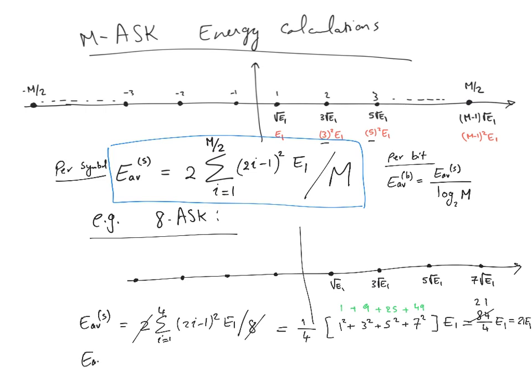So E average per bit is going to be equal to 21 E1 divided by log to the base 2 of M. In this example, M is equal to 8, so this is going to be 21 E1 divided by 3, which is equal to 7 E1. That's the average energy per bit for this modulation scheme. Okay. Now, if E1 is given as a number, you can simply substitute this number here, right?